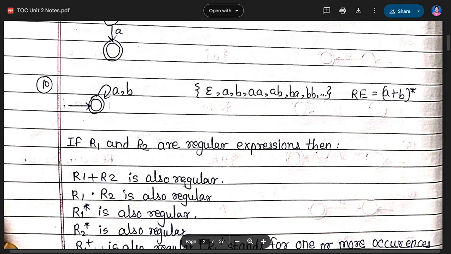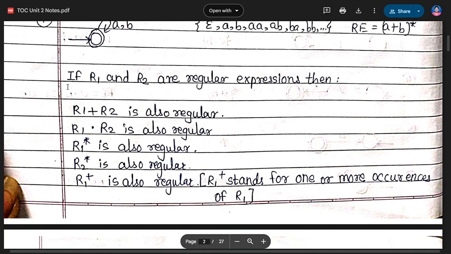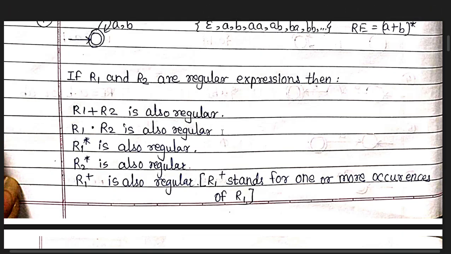If R1 and R2 are regular expressions, then R1 plus R2 is also regular. R1 dot R2, the concatenation of R1 and R2, is also regular.